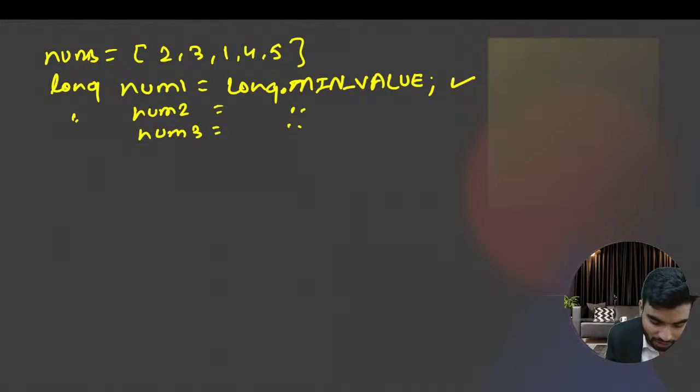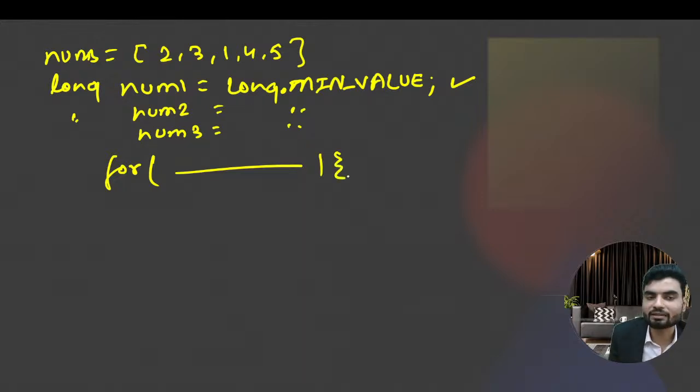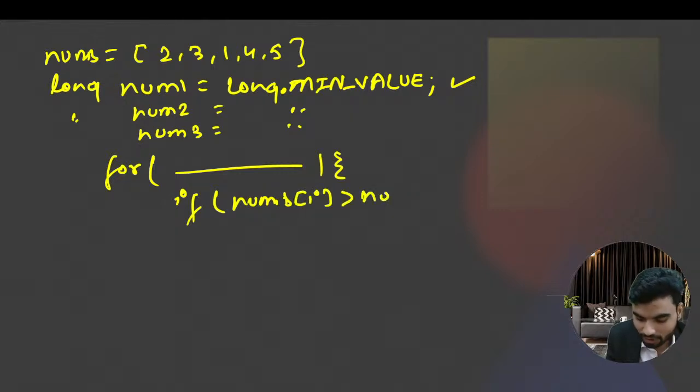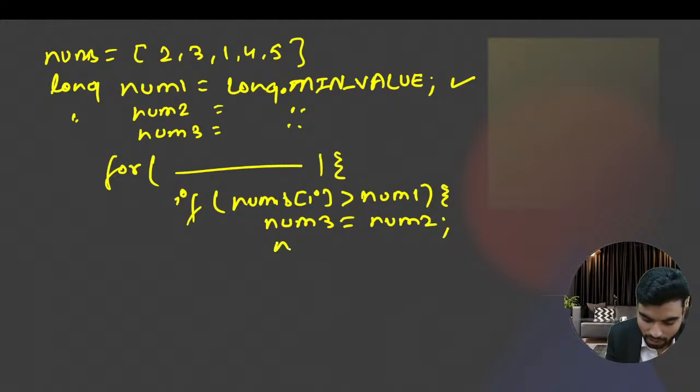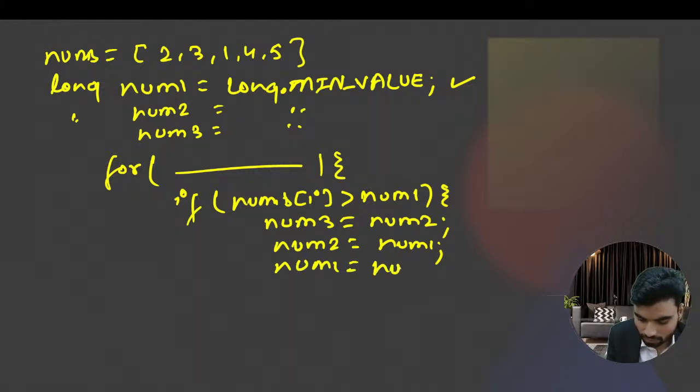So now here, what can be the condition? Now the condition is that we have to compare the things. We were iterating the whole array, and once the iteration was happening, we wrote the condition: if the upcoming value nums[i] is greater than num1, then num3 = num2, num2 = num1, and num1 = nums[i].